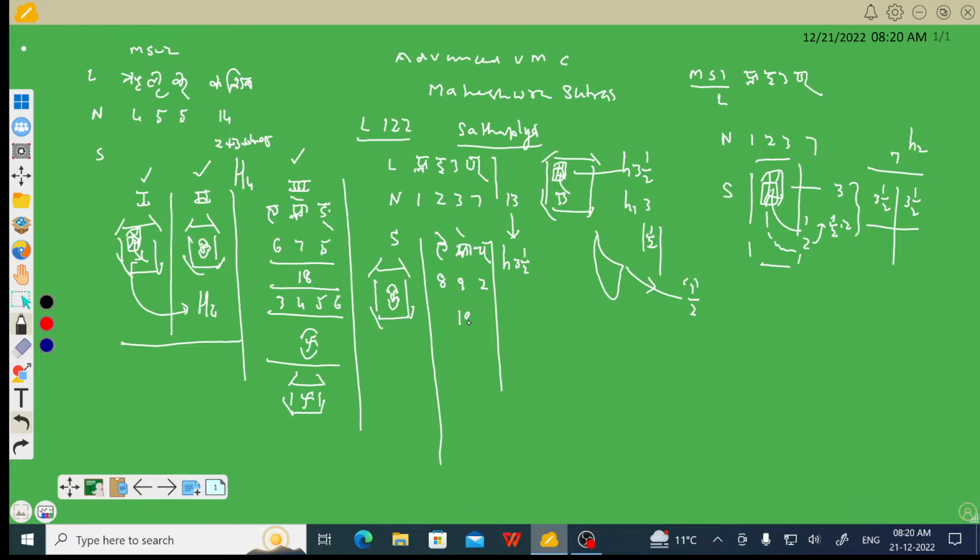Let us have a pause here and let us see how the Sthapatya referencer is to be updated with respect to the Sthapatya progression of the Maheshwara Sutras. Maheshwara Sutras are 14 in number.